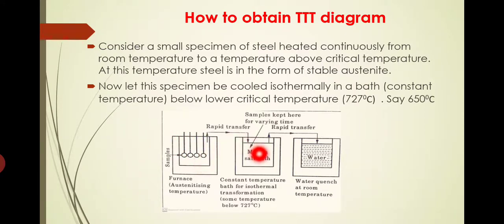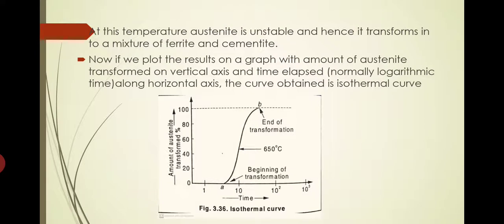Once cooling starts and the temperature is below the lower critical temperature, that means below 727 degrees Celsius, the austenite can no longer be in the stable state. So it will transform its structure from the austenite state to the ferrite and cementite state.